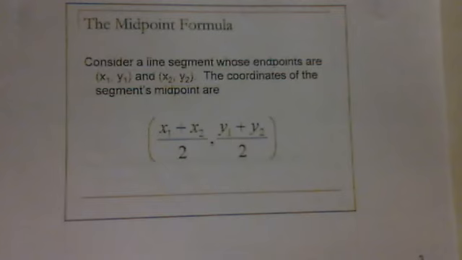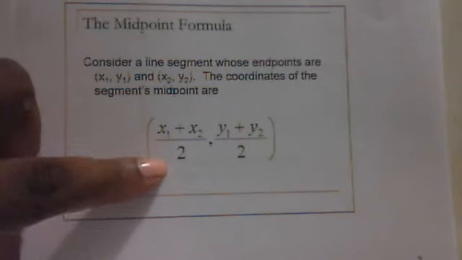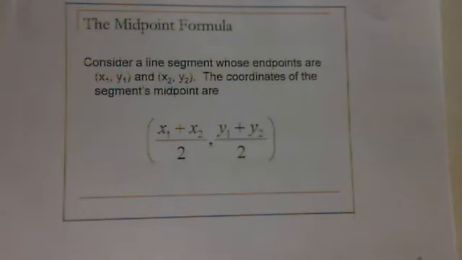The coordinates of the segment's midpoint would be this. You'll take the sum of your x coordinates and divide that by 2. And then you'll take the sum of the y coordinates and divide that by 2. Those two numbers will give you the ordered pair or the coordinates of the midpoint of that line segment.